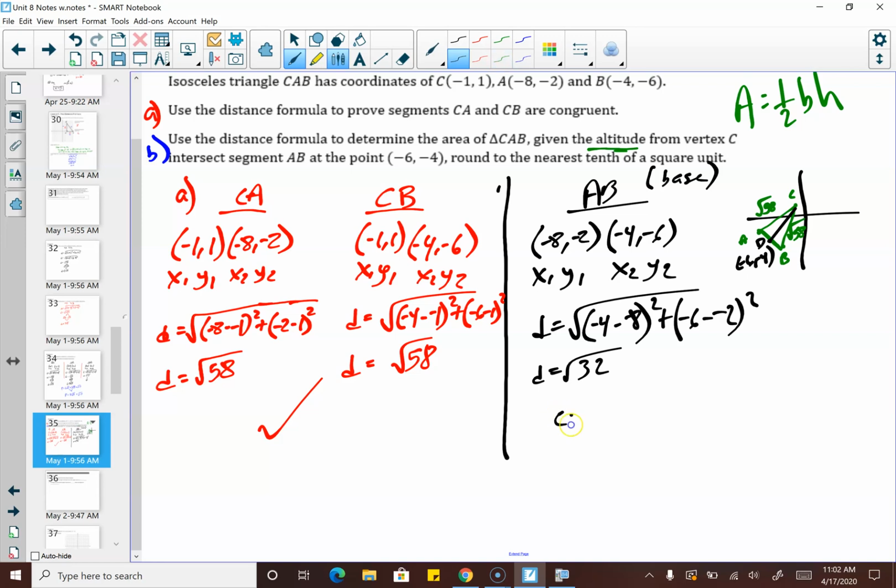So then I want to find the distance from C to D, which basically forms my altitude. So C was -1, 1, and the new point that they gave us that we called D was -6, -4. So D equals big square root of -6 minus -1 squared plus -4 minus 1 squared.